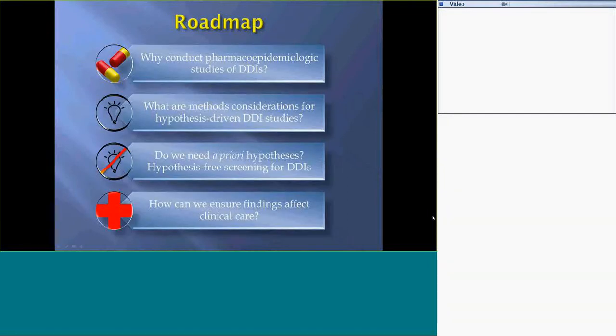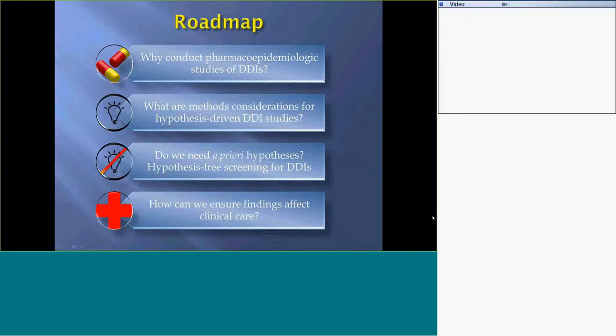So here's a roadmap for our talk over the next 45 minutes or so. I'll open the floor up for questions at the end of those 45 minutes. I'll be happy to take those via chat box at that time. But for the next 45 minutes or so, I'll be talking about why we should consider conducting pharmacoepi studies of drug-drug interactions.